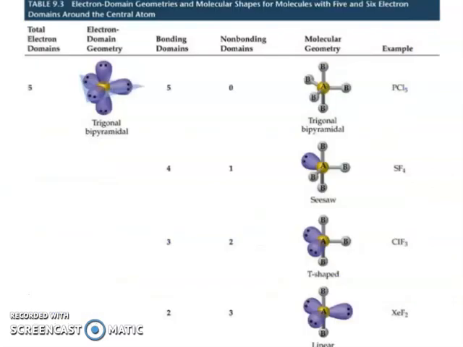So, you can see trigonal bipyramidal 5-0 PCl5, trigonal bipyramidal 4-1 SF4 seesaw, 3-2 ClF3 T-shaped, and 2-3 XeF2 linear.